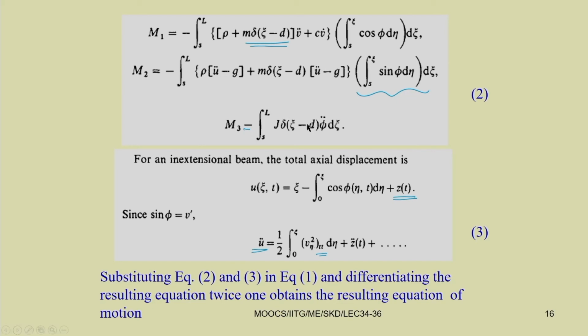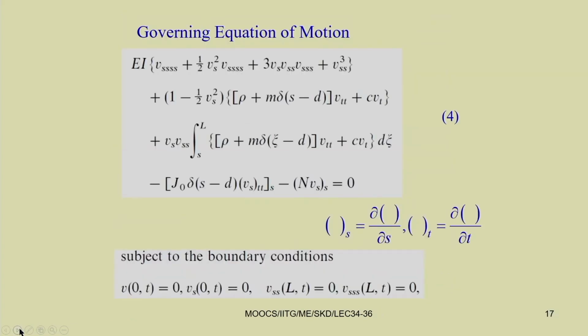Now, by substituting this in the original equation, the governing equation of motion can be written in this form: E I v 4 s, that is del 4th v by del s 4th, plus half del v by del s whole square into del 4th v by del s 4th, plus 3 del v by del s into del square v by del s square into del cube v by del s cube, plus del square v by del s square to the power 3, minus half v s square into rho.